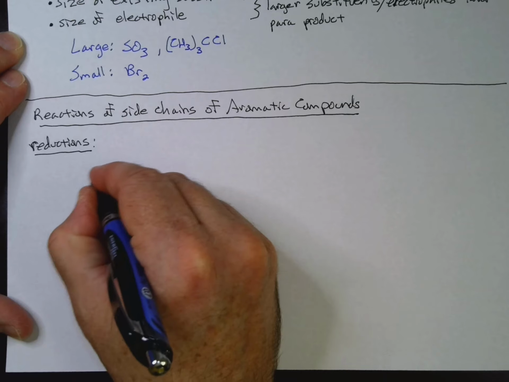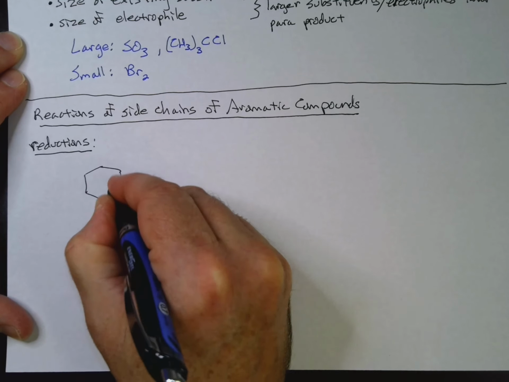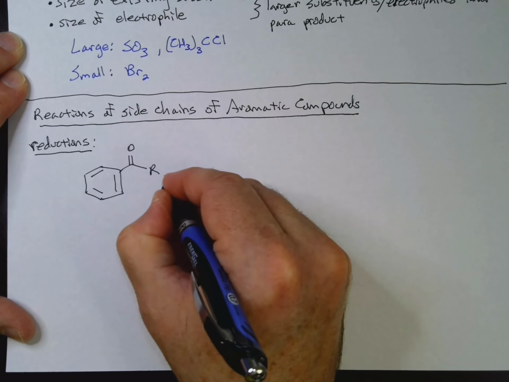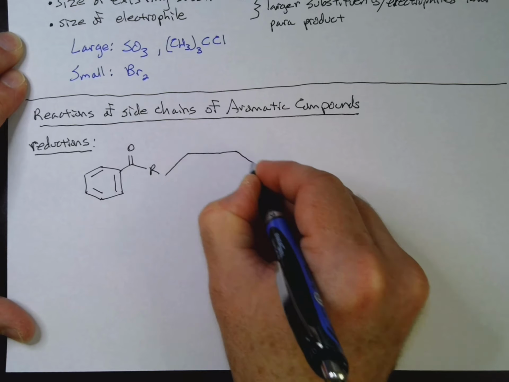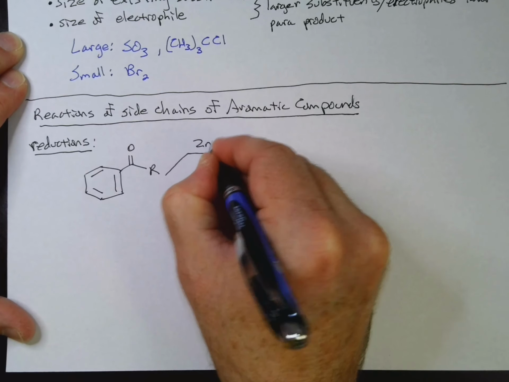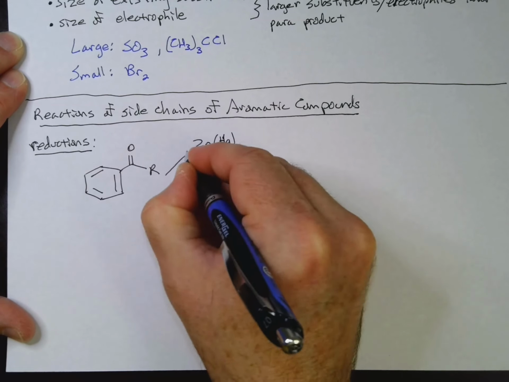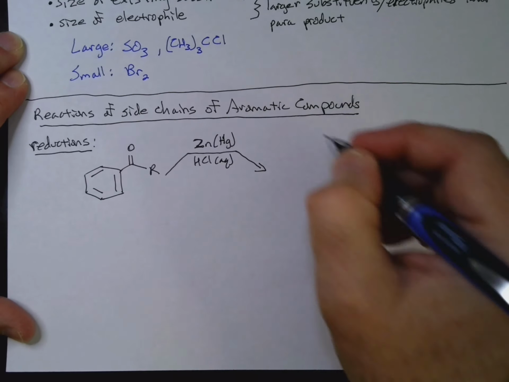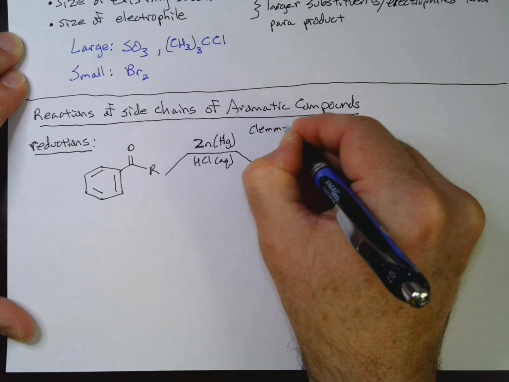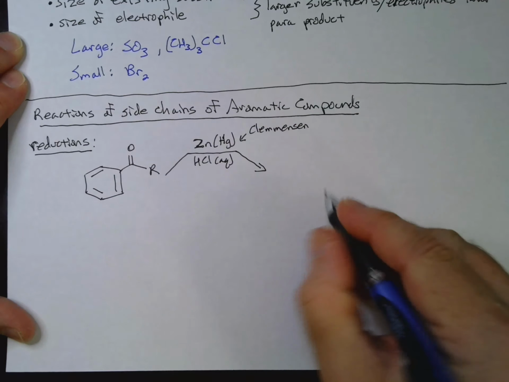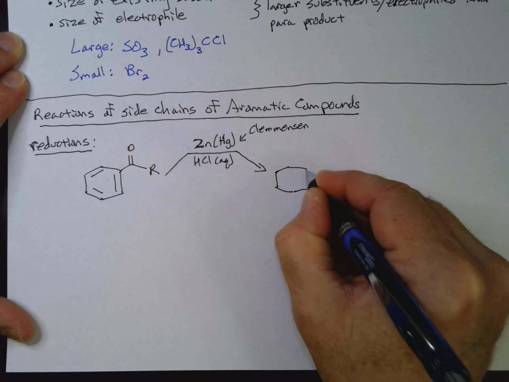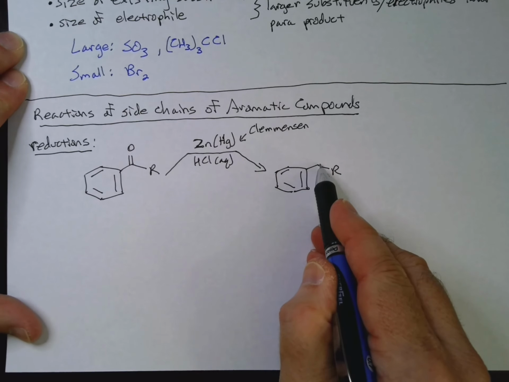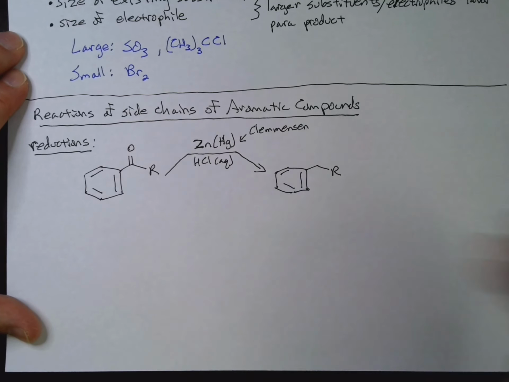And so we saw Zn(Hg), HCl aqueous. We saw the Clemmensen reaction, and that will give us now our carbonyl fully reduced to an alkane.